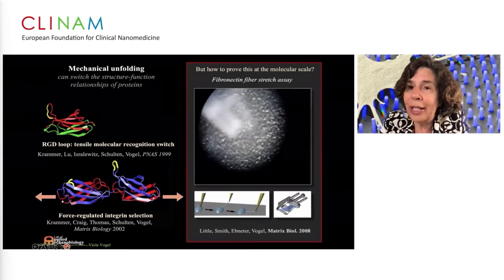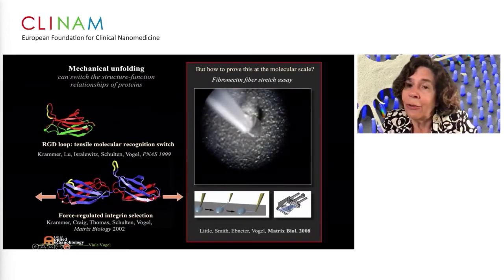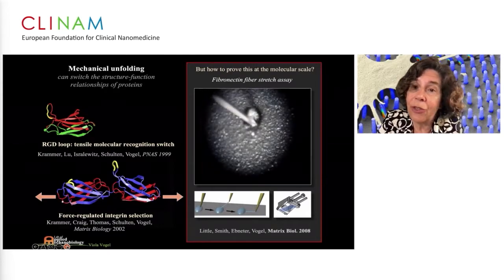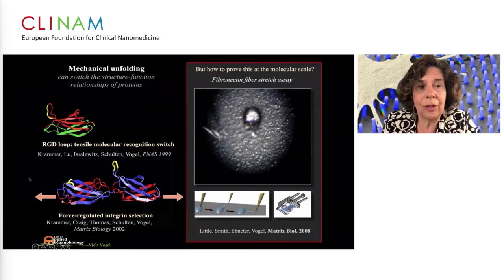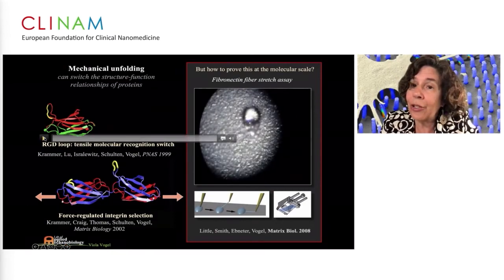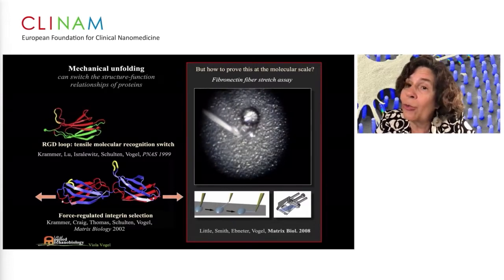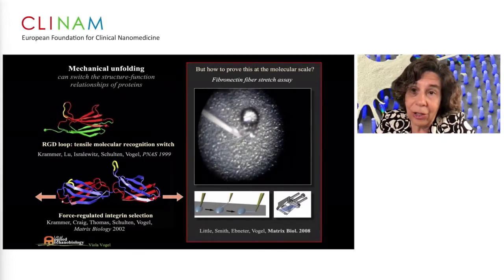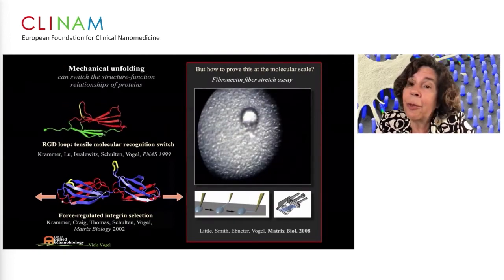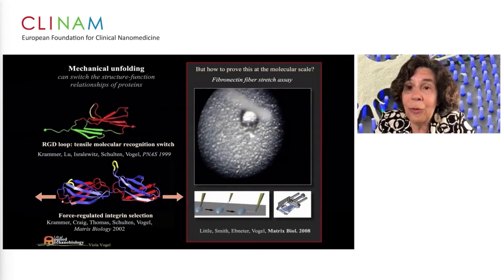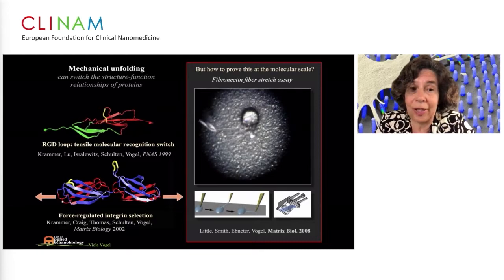So how can we utilize such information? First of all, it was thought that proteins only serve as shock absorbers. But then we developed the first non-equilibrium structures, illustrating that you might actually change not only the structure, but also the function of proteins. Here illustrated by pulling the type III 10 domain of fibronectin apart, which exposes the RGD loop to cells.